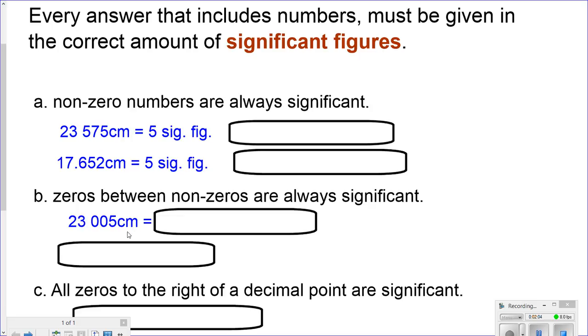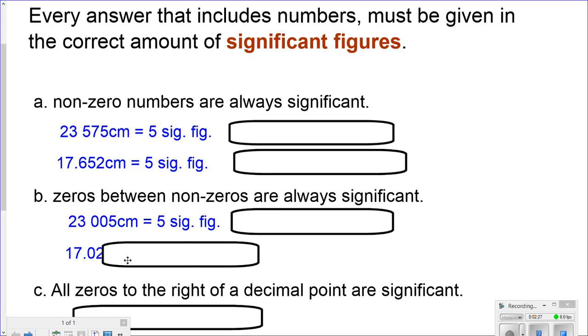I have in this number two zeros in between non-zero numbers. Therefore, if I count 1, 2, 3, 4, 5, this answer has 5 significant figures because these zeros, although they're zeros, they're in between non-zeros, so they do count.